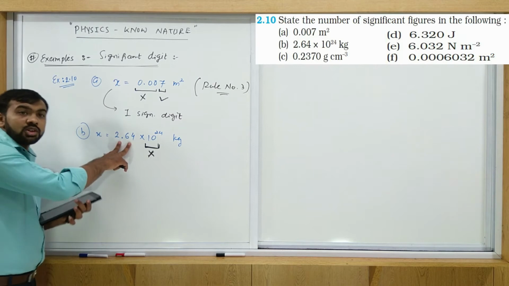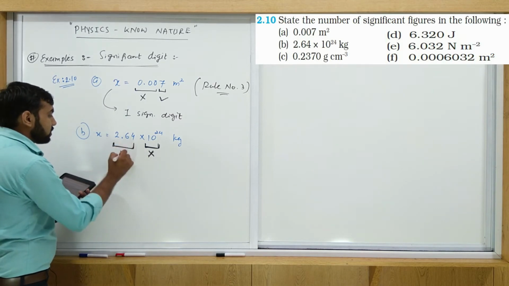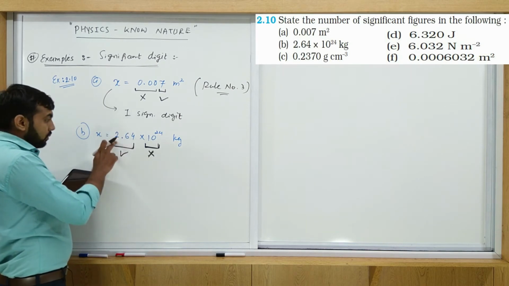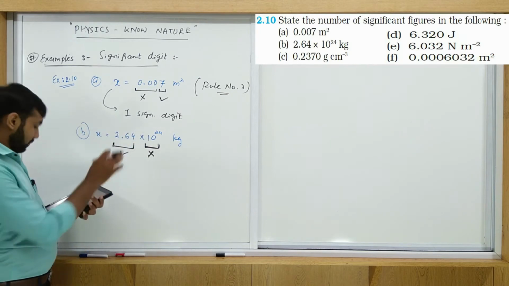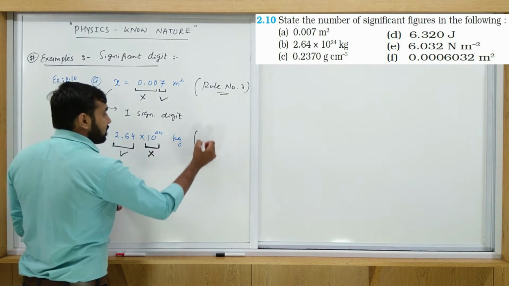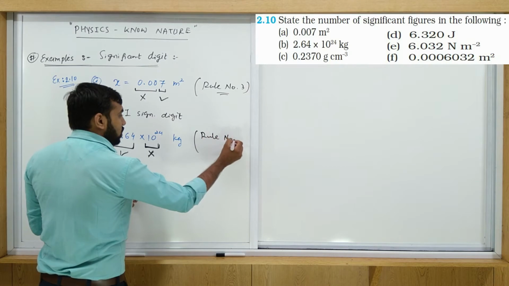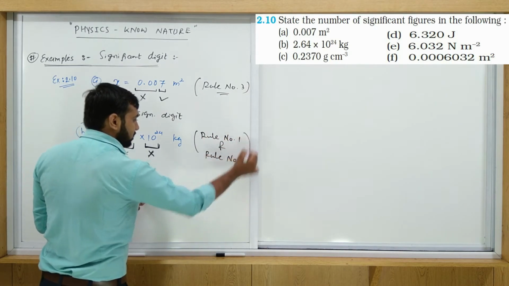Here all are non-zero numbers, and non-zero means counted as significant. This one is rule number 1, and this one is rule number 6. So here two rules are used: rule number 1 and rule number 6.